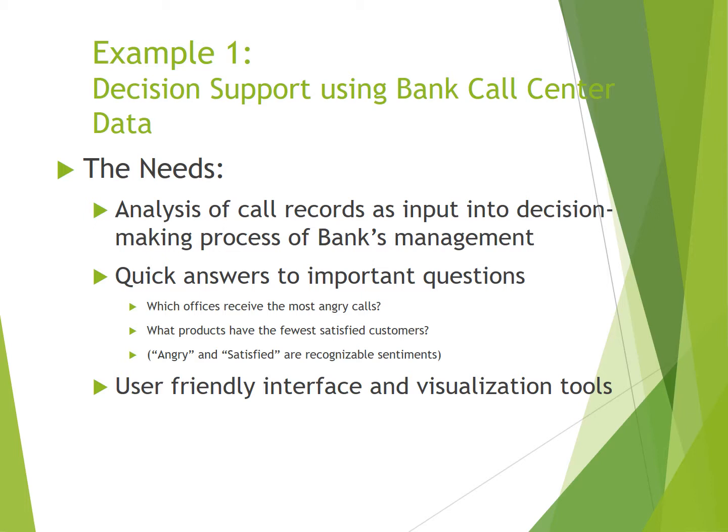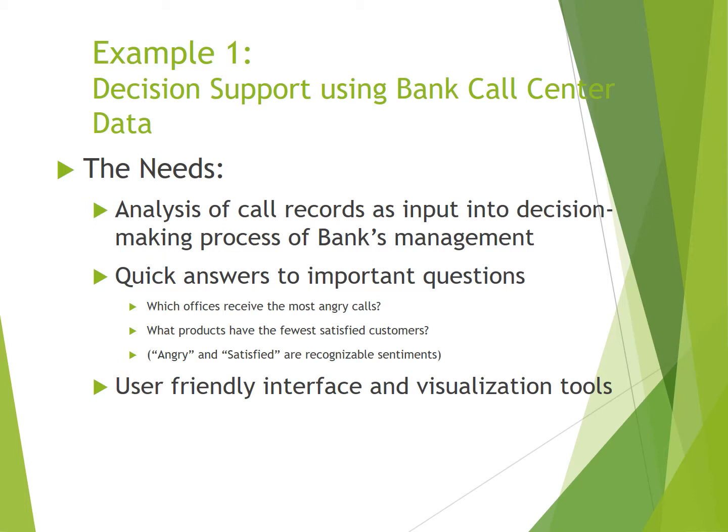One is decision support in a bank call center. So most banking call centers, the customer information file is on a mainframe, which may or may not be a relational database. It may have some web-based information, but the call record is looking at all the records associated with a customer and making a decision about where that person should be placed, or who's best qualified or has the best skills to deal with that customer.